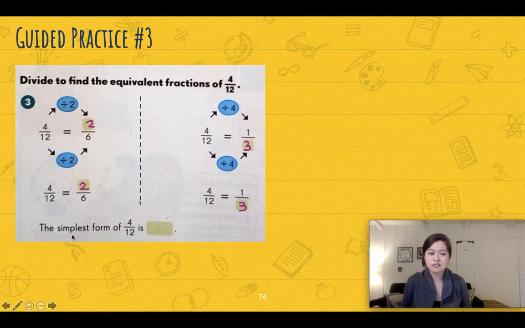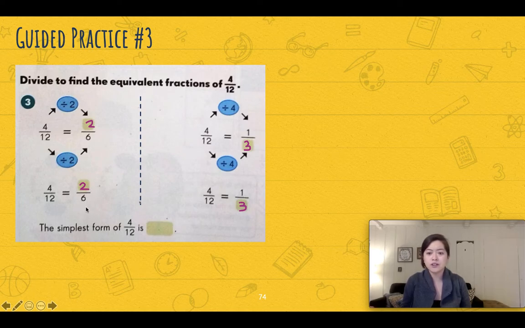Is 2/6 the simplest form of 4/12, or is 1/3 the simplest form of 4/12? Well, 1/3 is a unit fraction, so I cannot divide the numerator and denominator by another same number where it'll be a different fraction, okay? So this is in simplest form. In addition, let's look at 2/6.